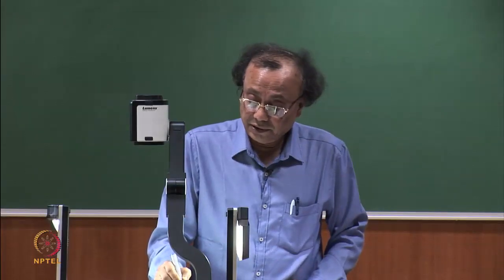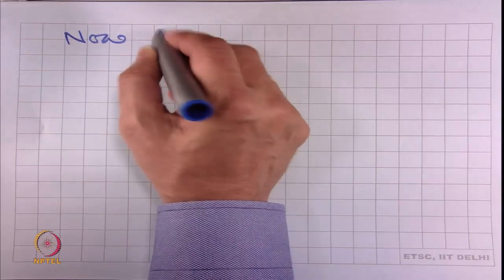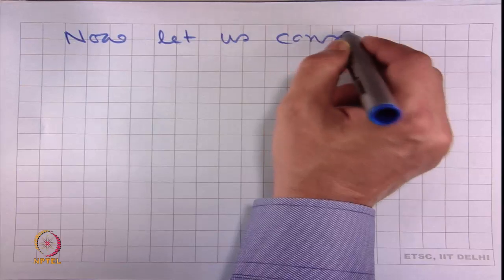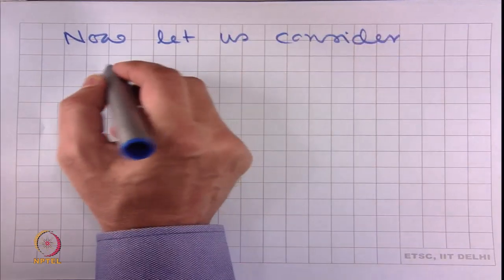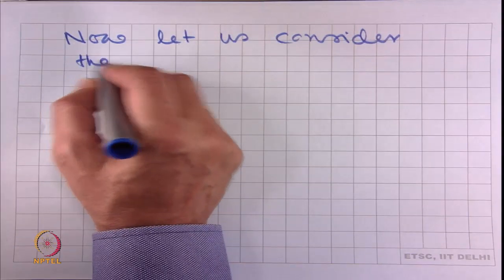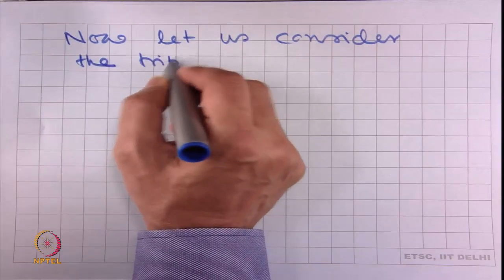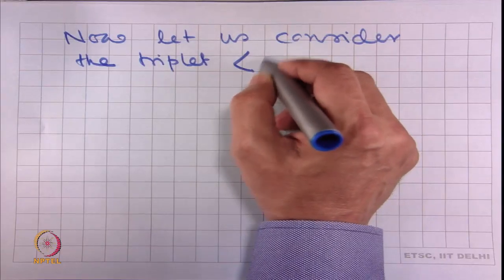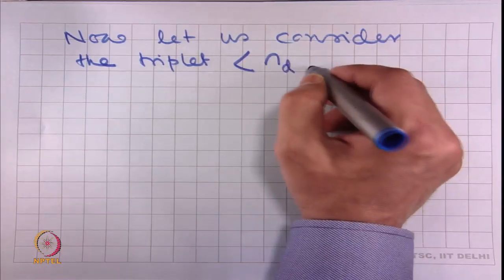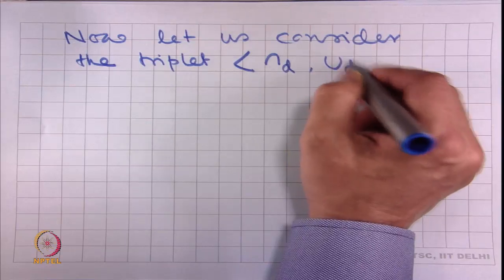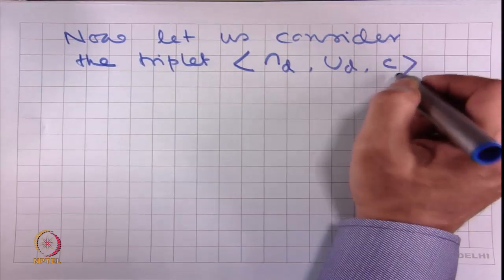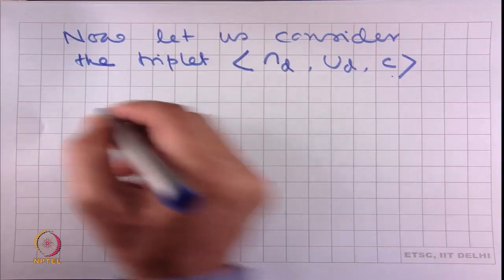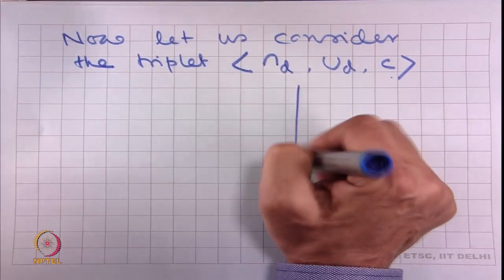Now, let us consider the triplet drastic intersection, drastic union and any arbitrary complement C. What is drastic? Let me recollect.